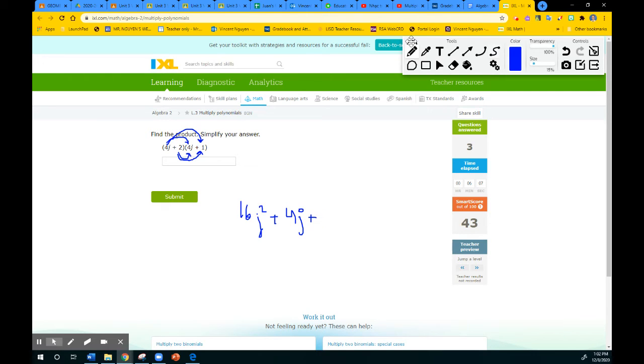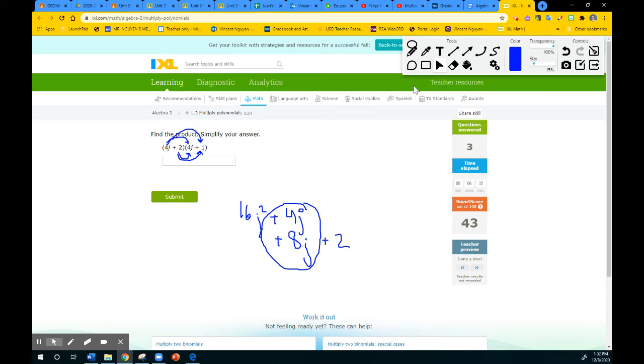And if you want to, guys, I find this more effective: if you write it underneath, then you can combine like terms easily. 2 times 4 is 8. So this becomes positive 8j. And then 2 times 1 is 2, so positive 2. So writing it like this allows you to see that these can be combined because they are like terms, okay? Either way you want to do it, it's fine.